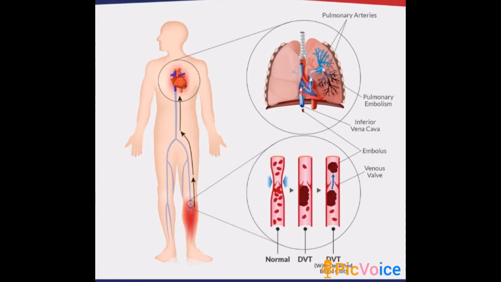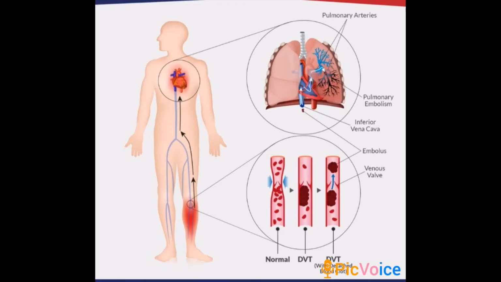It then breaks off, transforming the clot from a thrombus to an embolus. The clot then follows the flow of the blood, which will lead to the heart. This clot begins traveling through the inferior vena cava to the right atrium, to the right ventricle, to the pulmonary trunk through the pulmonary artery.